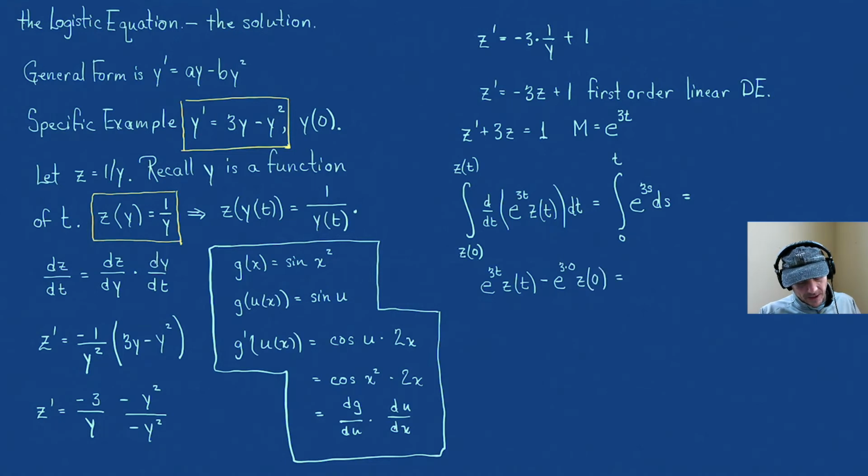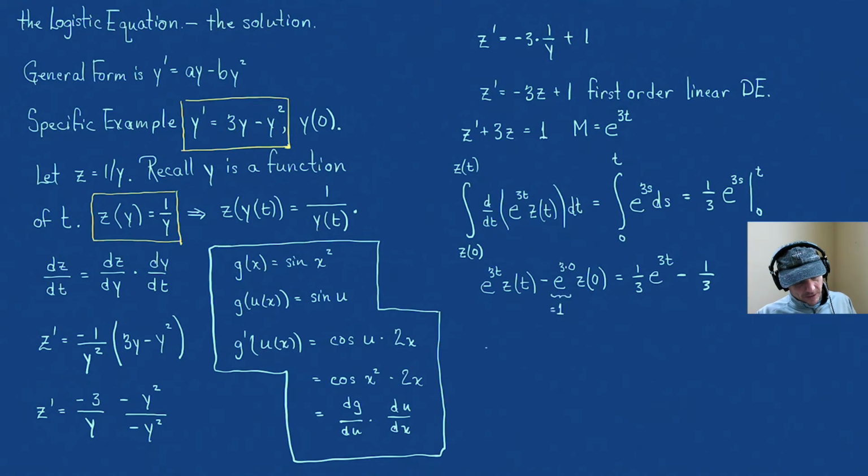On the right-hand side, we're going to pick up 1/3 e to the 3s evaluated from 0 to t. That's going to give me 1/3 e to the 3t minus 1/3. Let's remember e to the 0 is just a 1.